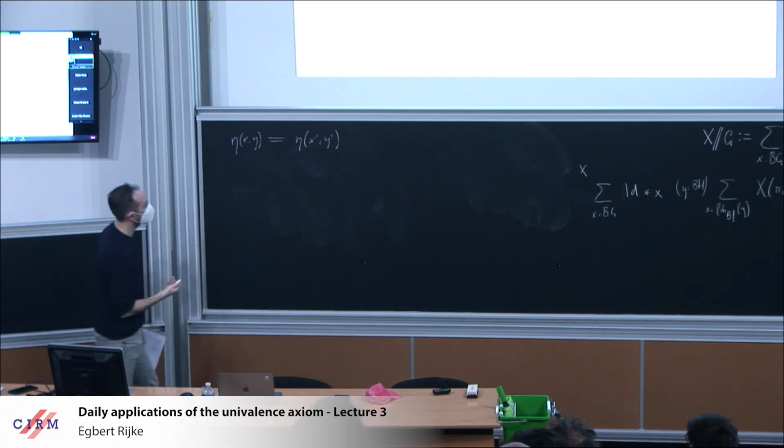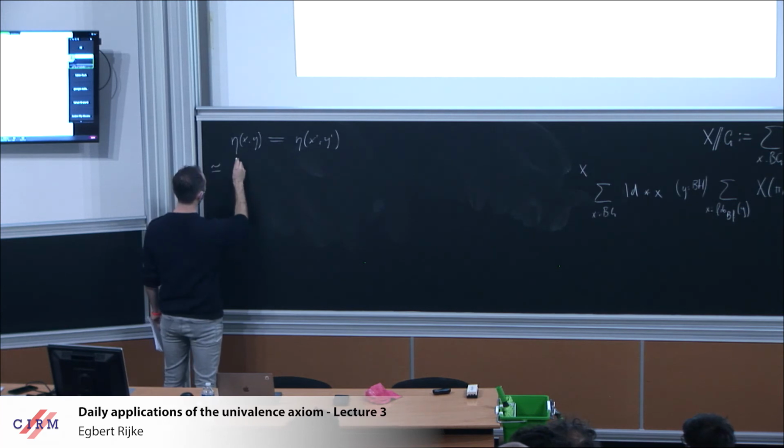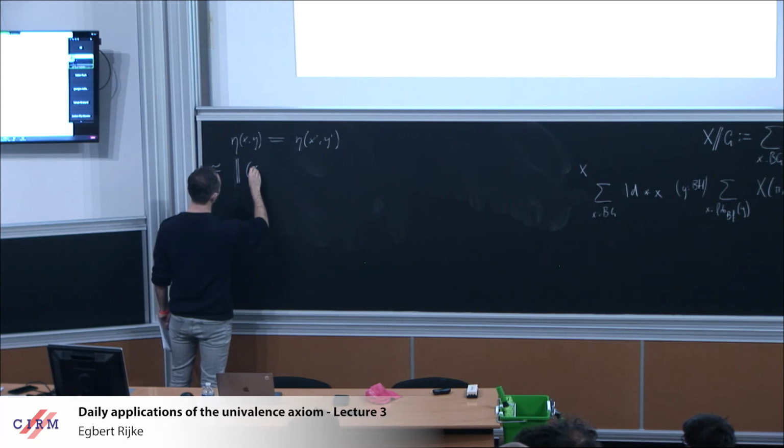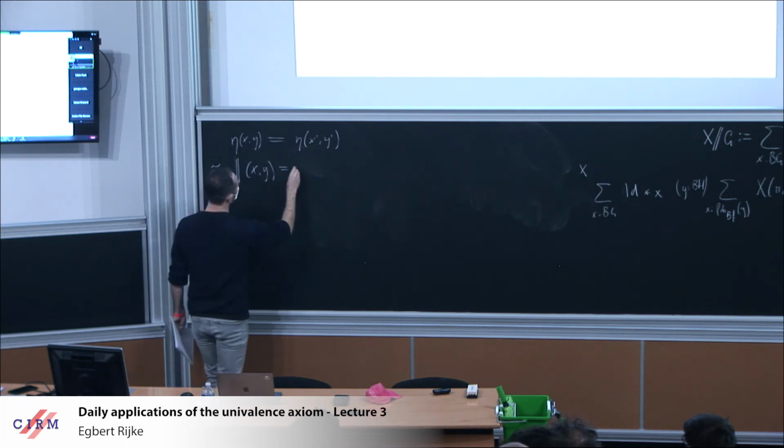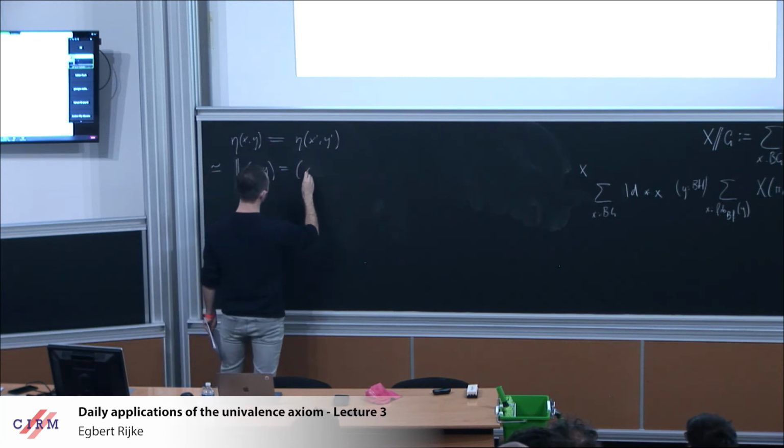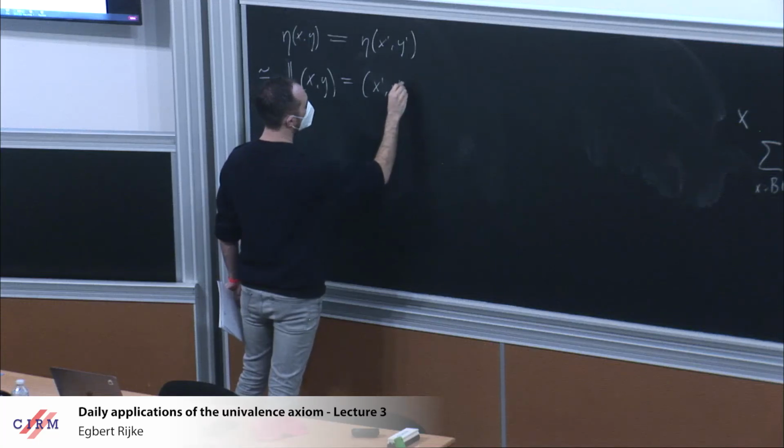We only have to show that these are decidable, and then we're done. But this is, of course, equivalent to the set truncation of x y equals x prime y prime.